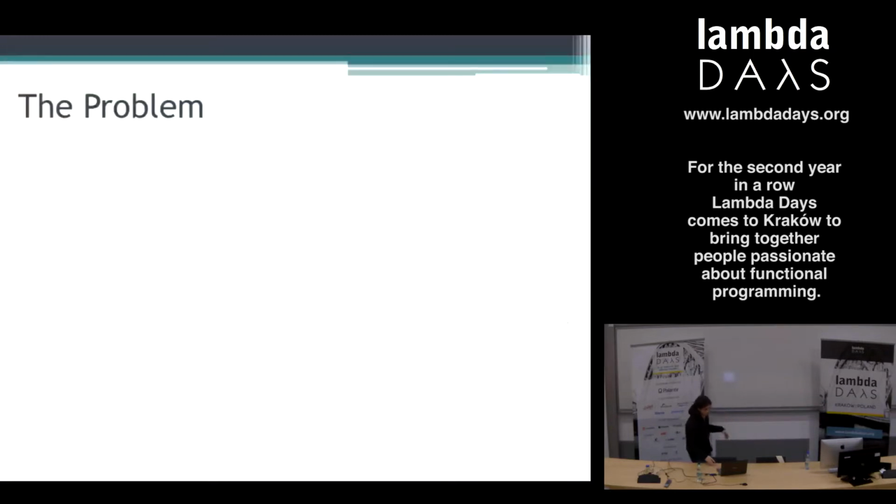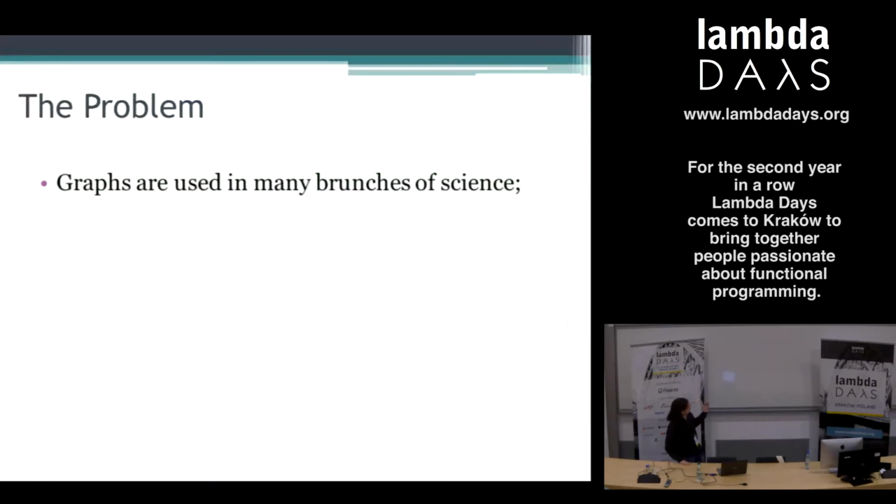So let's move on. The problem: where can we use graphs? For example, in science, it's bioinformatics. In industry, I mentioned some boards and also networks, because you know that path discovery in a network is a graph model.